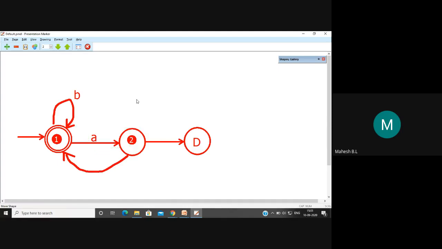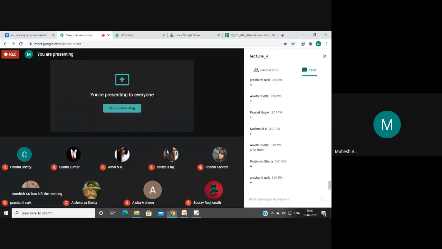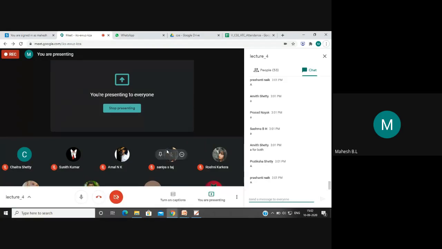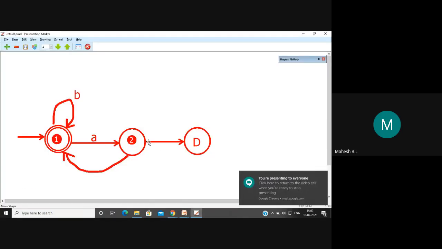Then what should be the label for the transition from state 2 to the dead state D?